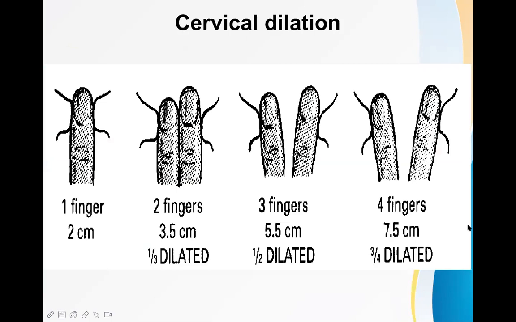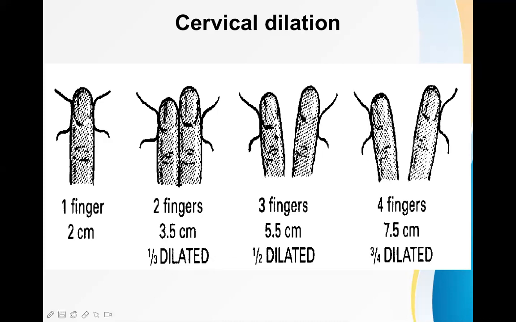See this. This is important practical information or knowledge for you. If you can put one of your examining fingers inside the cervix, then it is 2 centimeters dilated. This is the rough estimate. If we put 2 fingers inside the dilated cervix, it is around 3.5 centimeters dilated, or 1/3 of the total dilation.